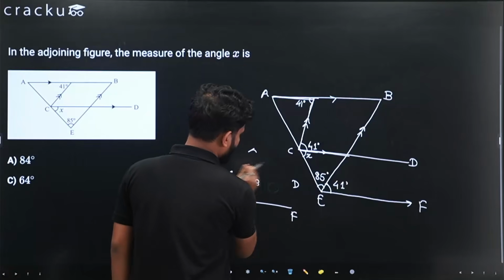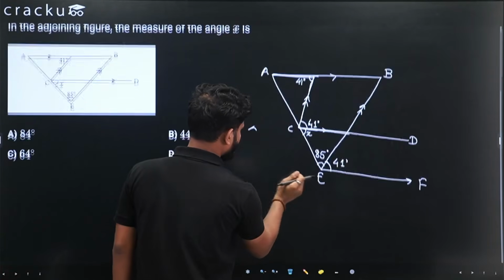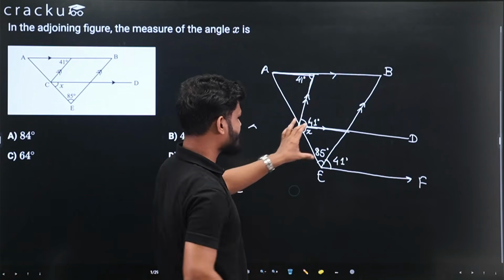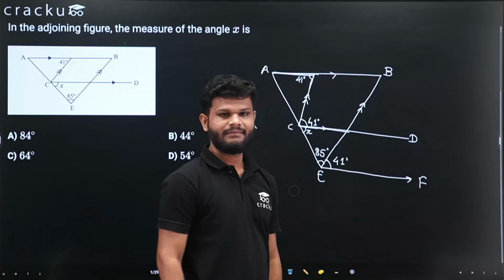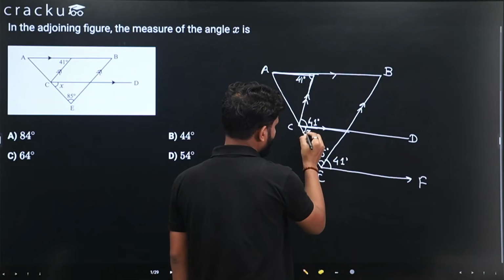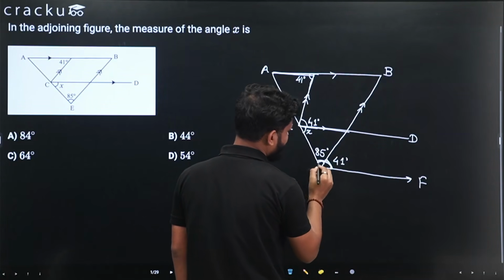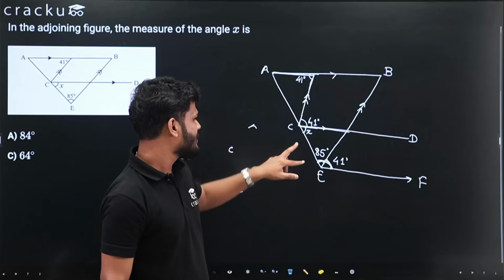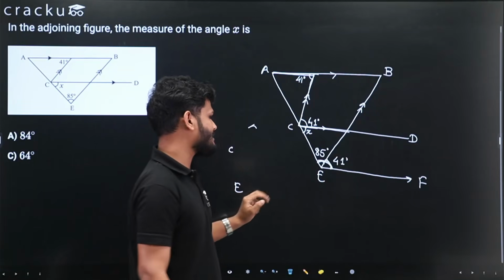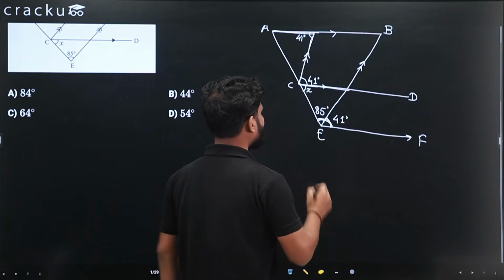Now focus on these two lines, CD and EF. They are parallel. And focus on these two angles. These are called internal angles. And internal angles are supplementary.